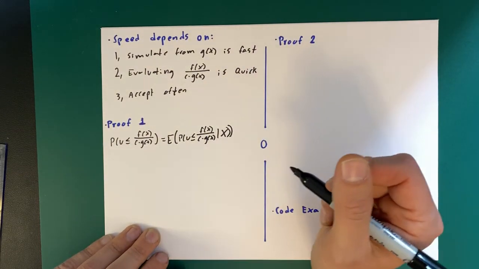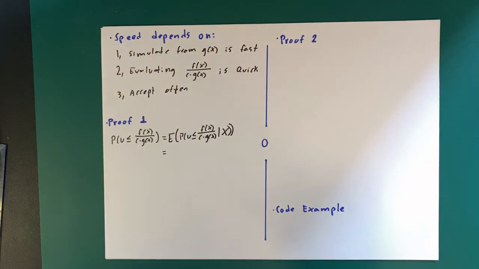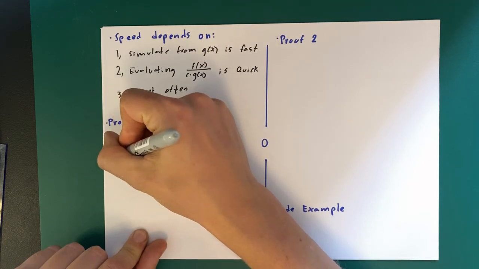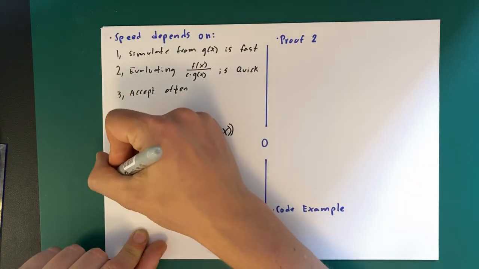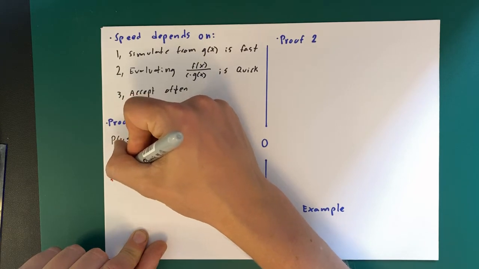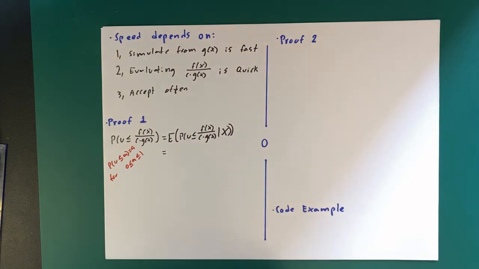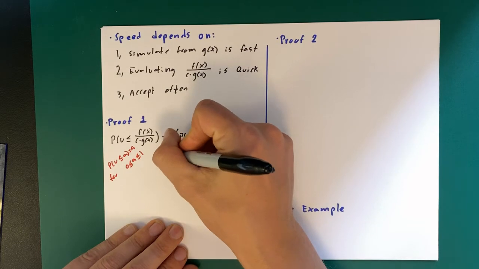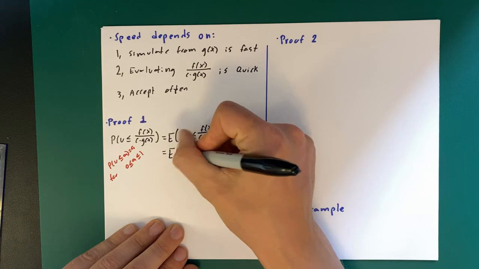Because of the properties of the standard uniform distribution, specifically that the probability of U being less than or equal to some number a is equal to a for a between 0 and 1, this simplifies a little, and it becomes the expectation of f(x) over the envelope.